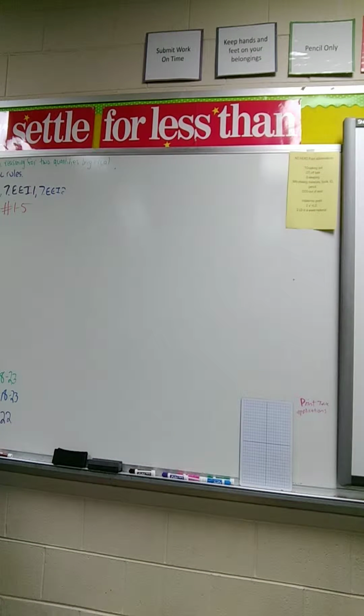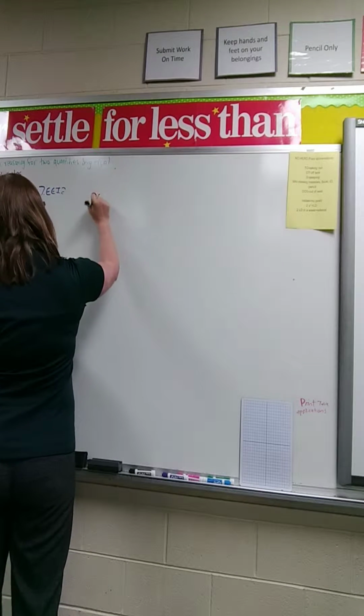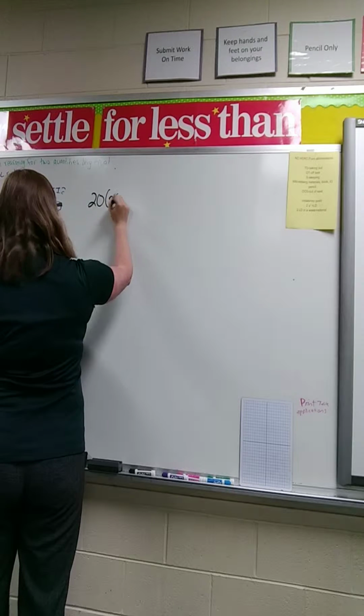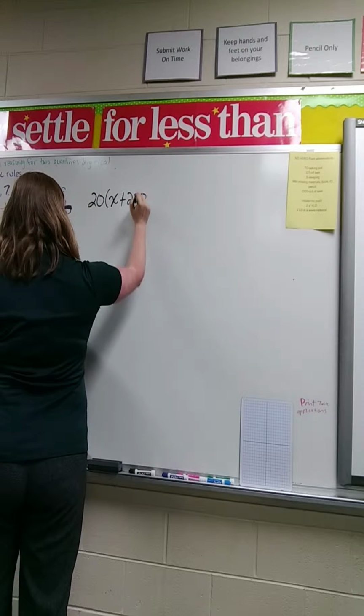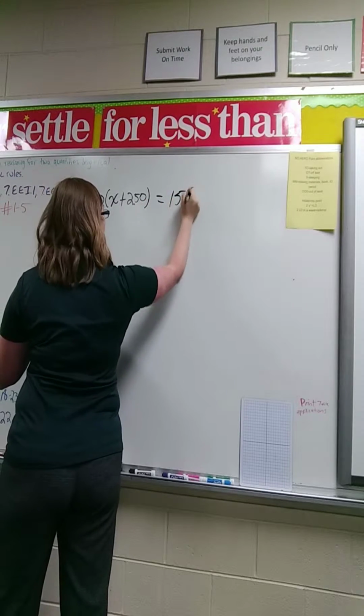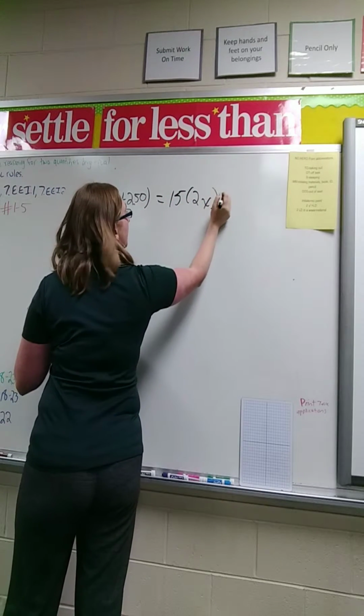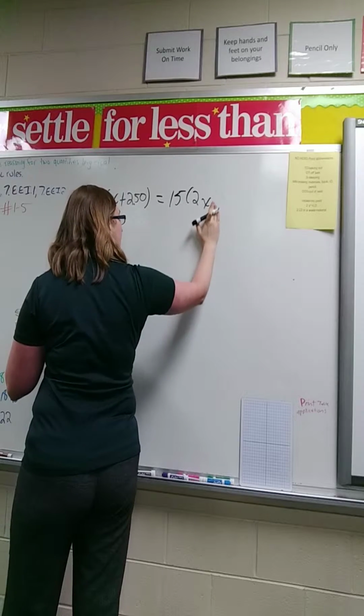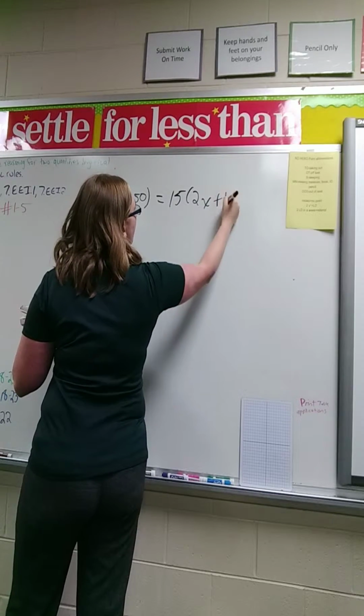If we had the equation 2.5 plus x times 20 equals 15 times 2x plus 1.